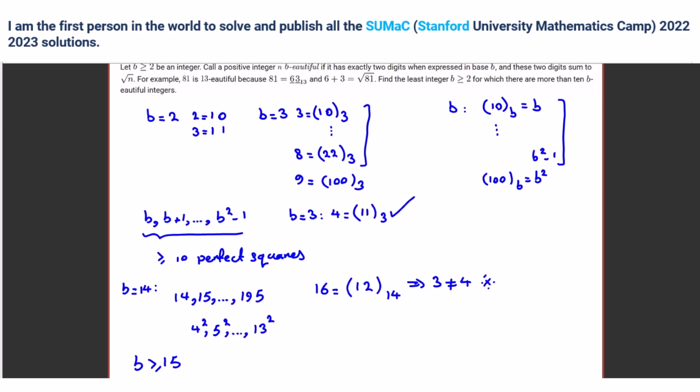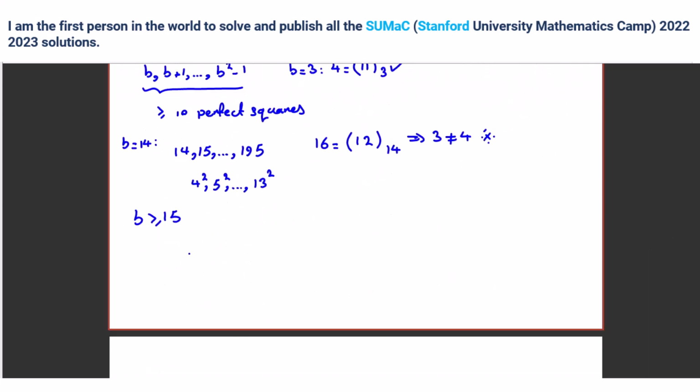But let's check other cases. Let's consider, for example, x y in base b. We want to analyze under what case it would be a perfect square. x plus y should be the square root of what in terms of x, y and b? x plus y equals the square root of bx plus y.